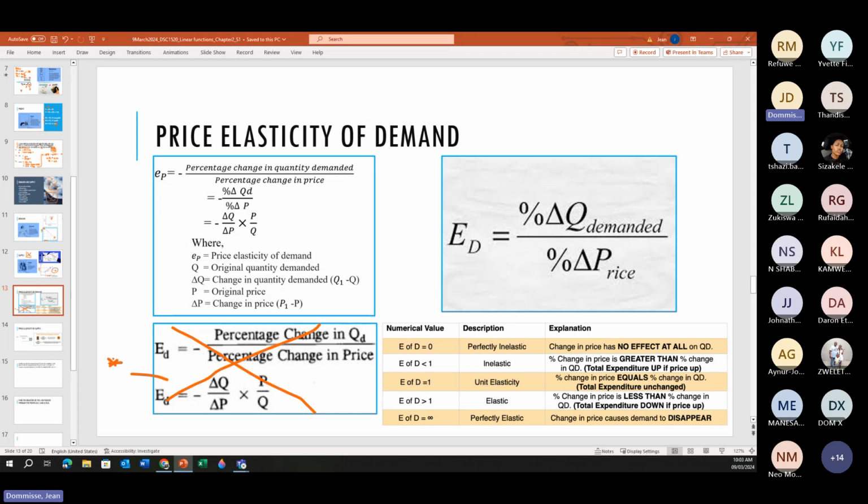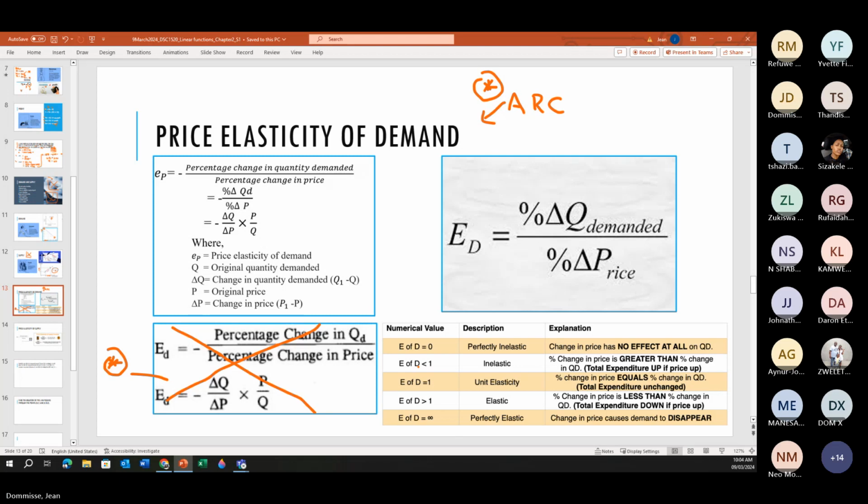And then we are going to do example after this on the arc. So there's an arc price elasticity of demand as well. So another one that I would just include here for you guys as well. So that is just making notes for myself to share that with you.